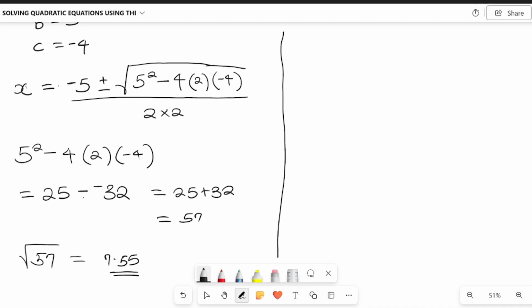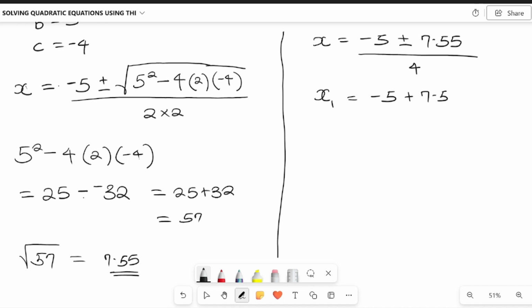Now placing this back in our formula, we'll have x equals negative 5 plus or minus 7.55 all over 2 times 2, which gives us 4. So the first value of x is negative 5 plus 7.55 all over 4.